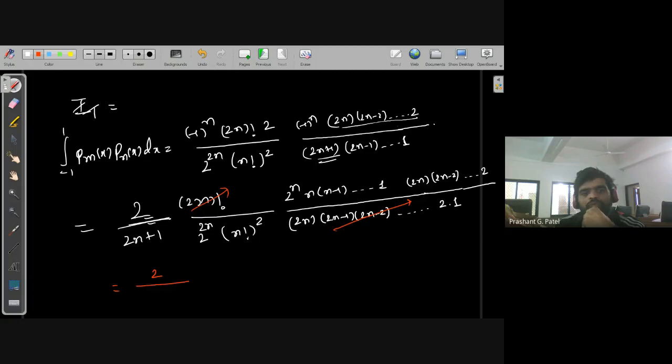So finally we'll have 2 upon 2n plus 1. And this 2 raised to n is exactly the same thing; we can write 2 raised to n into n factorial as we have written here.